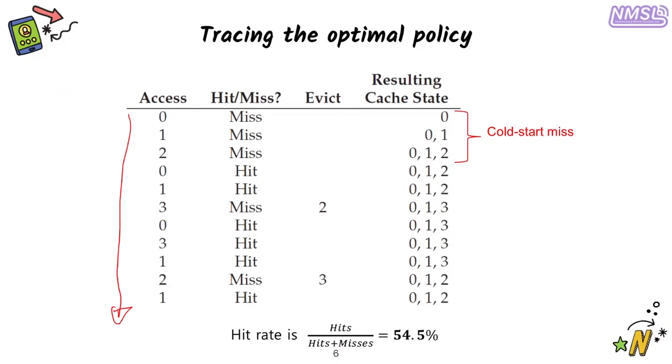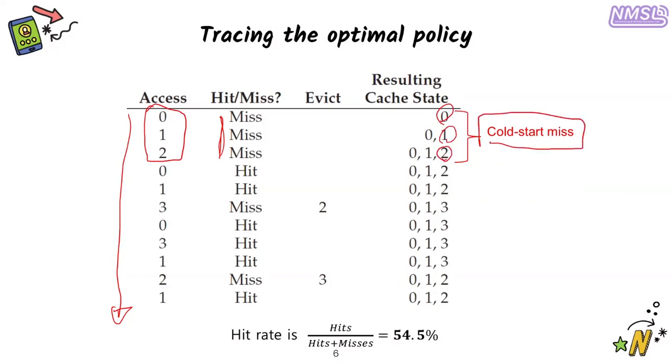Since we have three spots, the first three will end up as misses, meaning the first three different item accesses. So these are all misses, and after each miss, these are all added to the cache.